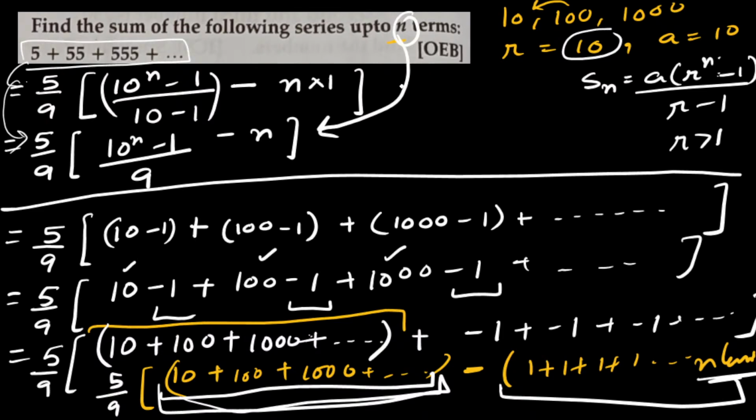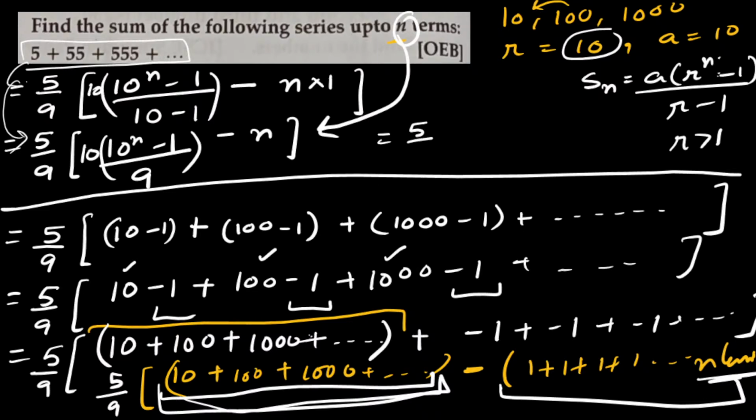Here I just missed 10, it should be there. The value of A is also 10, so this will be the final answer. I just missed A's value here, so I just substituted it. This is the final answer of that one.